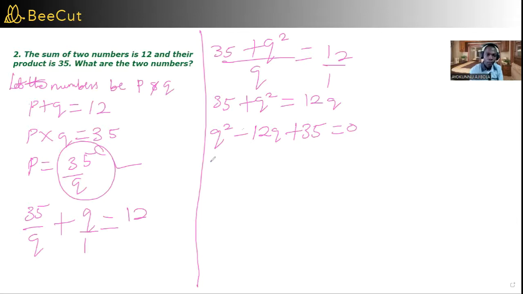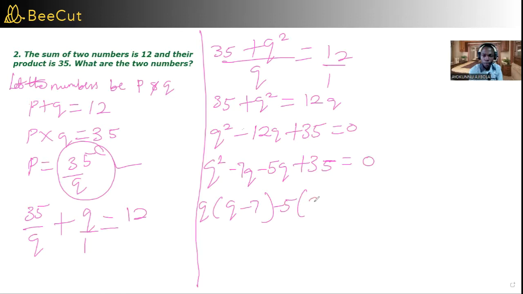So definitely, you say Q squared minus 7Q minus 5Q, which is our 12Q here, plus 35 equal to 0. Here we can say Q is common into Q minus 7, then minus 5 is common into Q minus 7 as well, equals 0.